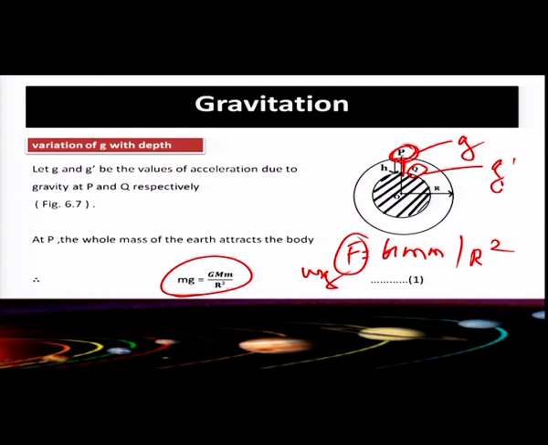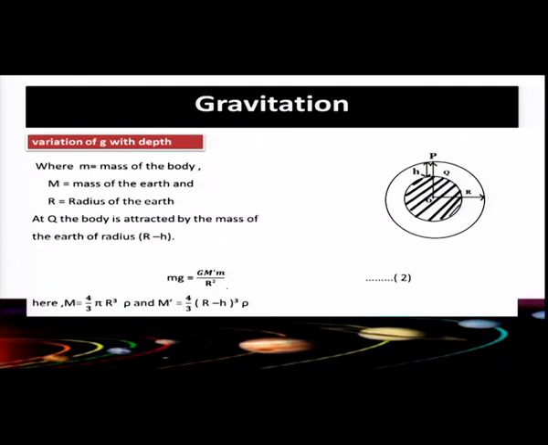Therefore, mg is equal to GMm by r squared, where G is the gravitational constant and r is the radius. The value of the gravitational constant is 6.67 into 10 power minus 11 N m squared kg power minus 2. Here small m is the mass of the body, capital M is the mass of the earth, and capital R is the radius of the earth.